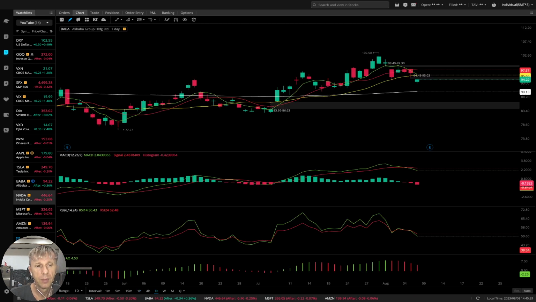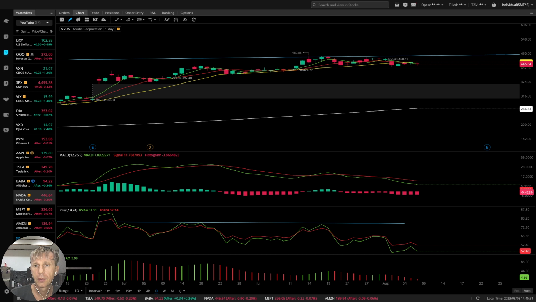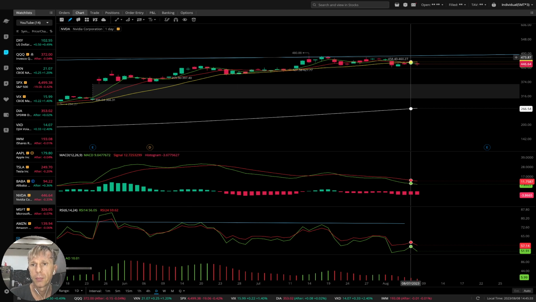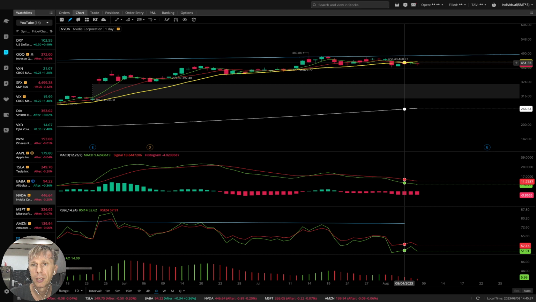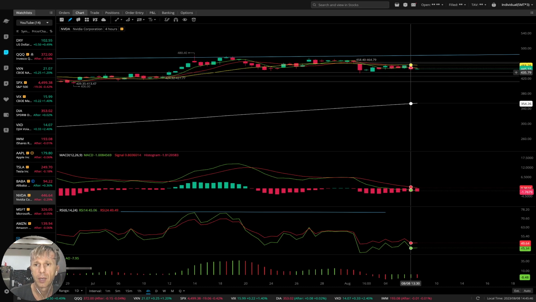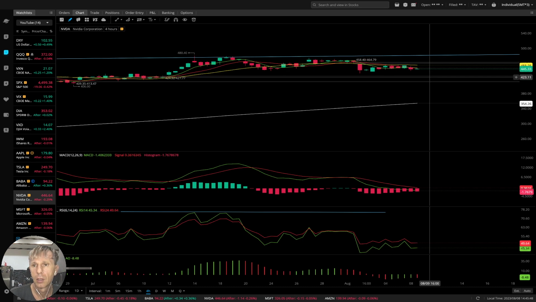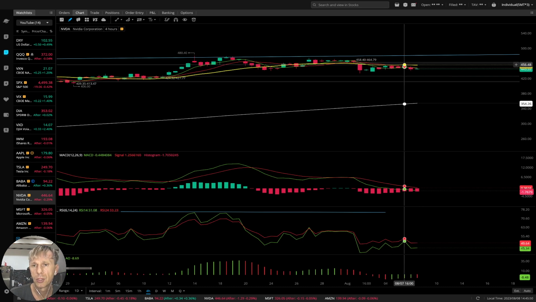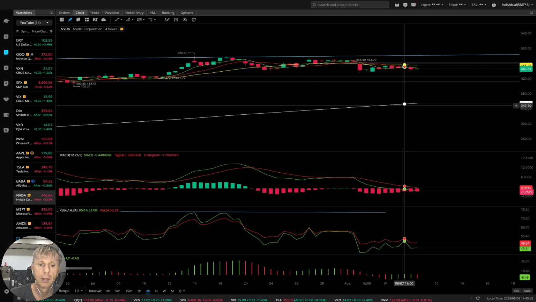Now let's move to NVIDIA. NVIDIA daily time frame. Last bar below all moving averages, bearish reversal signal on all indicators. On 4 hours time frame, same, last bar below all moving averages, bearish crossover.